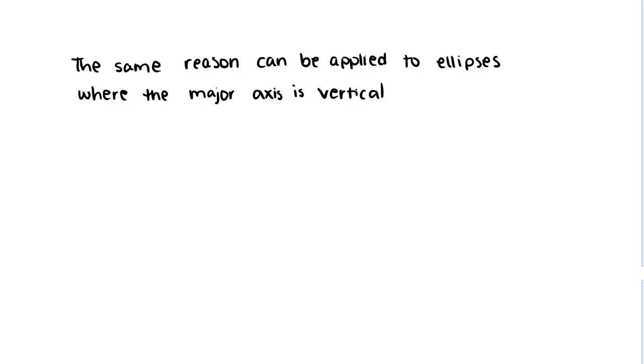But really we can take all this reasoning and apply it more or less the same way to situations where we stretch more vertically than horizontally, and we come out with a symmetric idea: if our ellipse has been stretched more vertically than horizontally, in other words, b is greater than a, then we can take b squared minus a squared to get c squared and find the distance between the center and the foci.